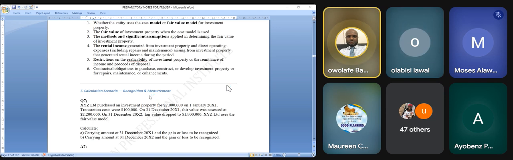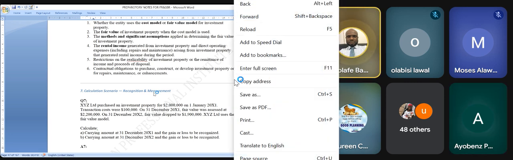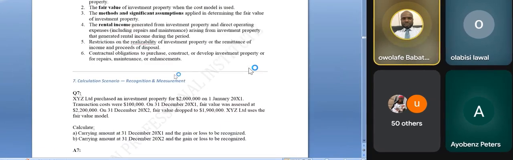At December 2021, the initial cost with the directly attributable cost was 2.1 million. Then, as of the 1st December 2021, the fair value is now 2.2 million. That means there is an increment of $100,000.